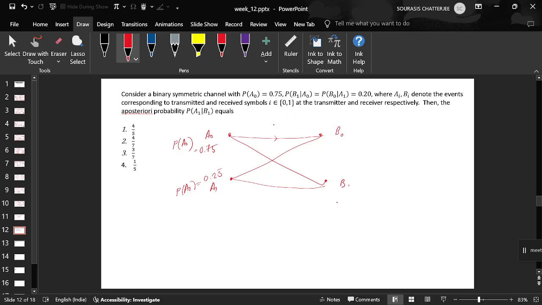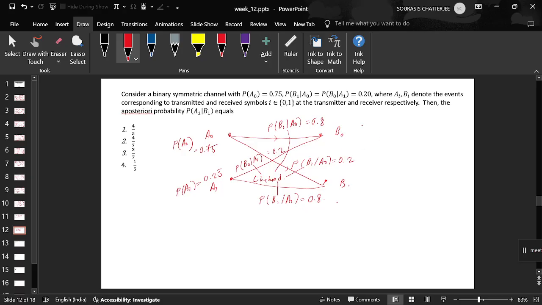Actually what is given is the probability of b1 being received given a naught is transmitted. So this is the likelihood p of b1 given a naught, that is 0.2. Therefore p of b naught given a naught is 0.8. Similarly, the probability of b naught given a1 is 0.2, and the probability of b1 given a1 is 0.8. So all of these are likelihoods.